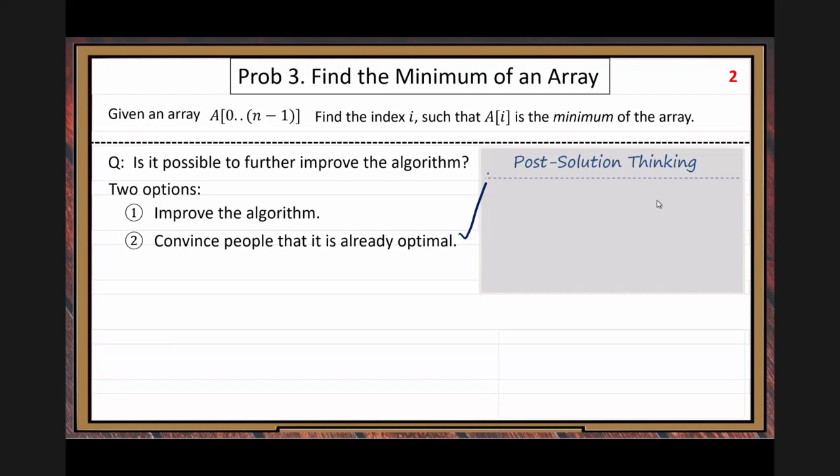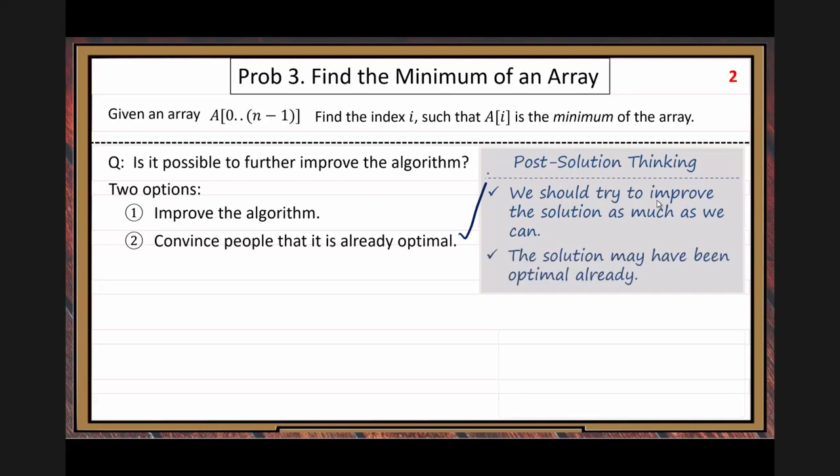Post-solution thinking. Let's do some post-solution thinking. We should try to improve the solution as much as we can. But the solution may have been optimal already. We want to know if it's already optimal.